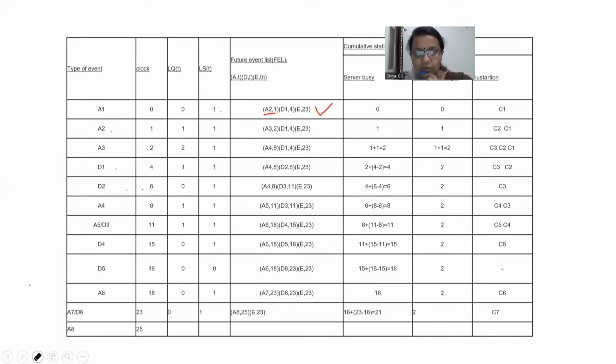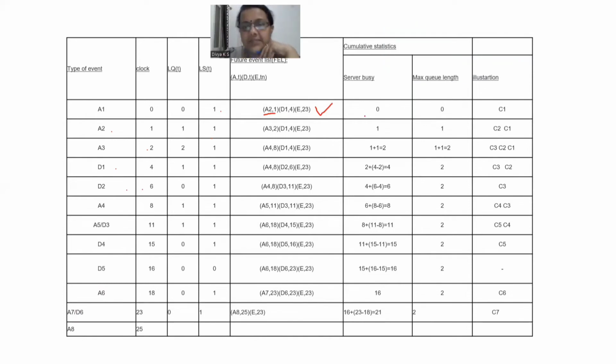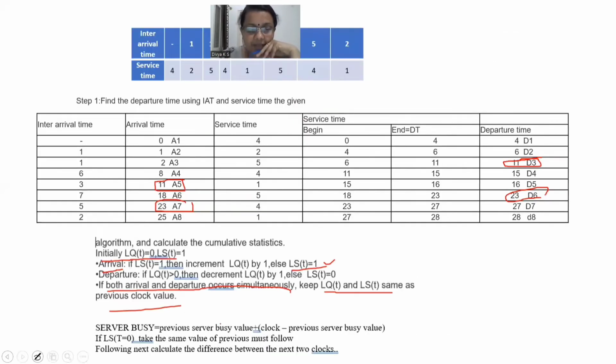Now we will go for the cumulative status report, server busy. I have written a formula for server busy here: server busy equals previous server busy value plus clock minus previous clock value. We can use this formula until L of St equals 0, at which point the formula changes. Until then, whether L of St equals 1 or whatever L of Qt is, it doesn't matter.